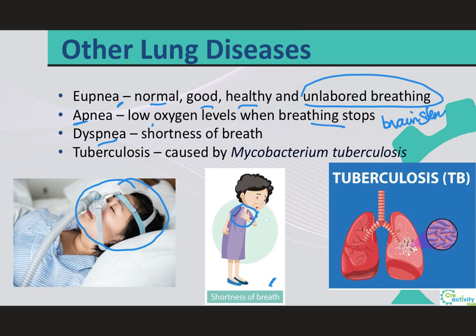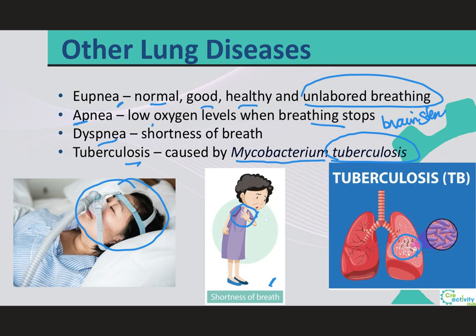Last, we have tuberculosis, which is actually caused by a bacteria that receives that name, Mycobacterium tuberculosis. The bacteria usually attacks the lungs, but this bacteria can also attack any part of the body, such as the kidney, the spine, or the brain.